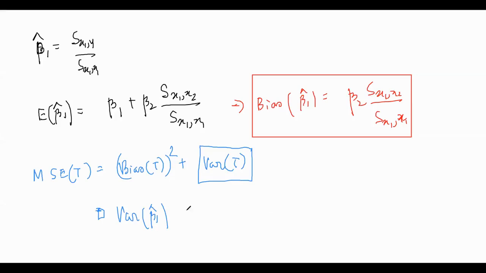It will be simple like the previous one. So let's write it down. Beta 1 hat is equal to summation of x1i yi by S of x1 x1, right? So we observe it's a simple linear combination of yi, and the yi's are independent, uncorrelated, because the epsilon i's are independent.